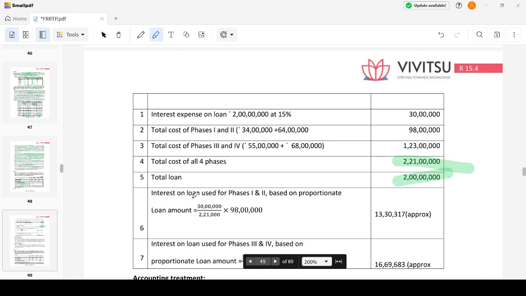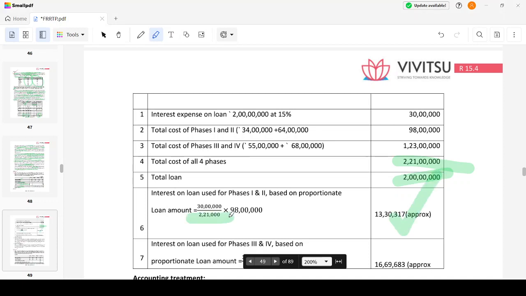And the interest on loan for phase 1 and phase 2 will be 30 lakhs divided by 221 lakhs into 98 lakhs. It's nothing but 13 lakh 30,316.